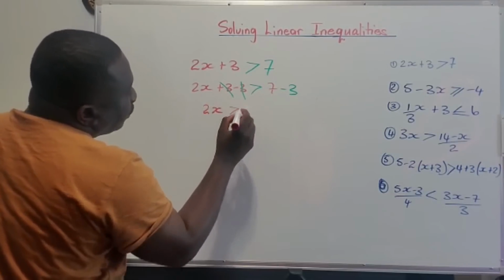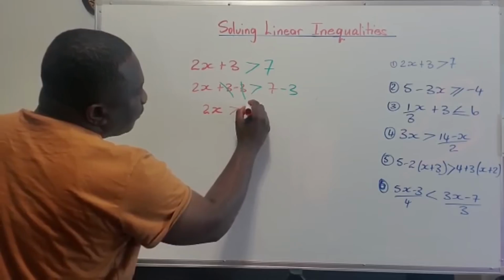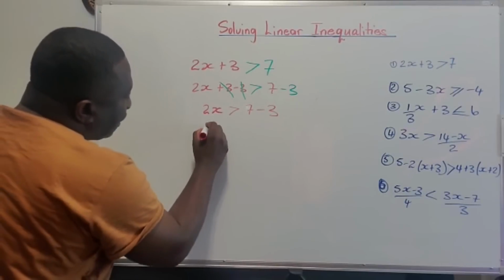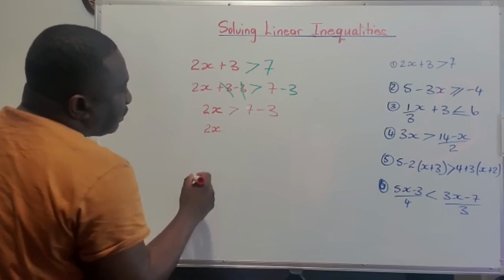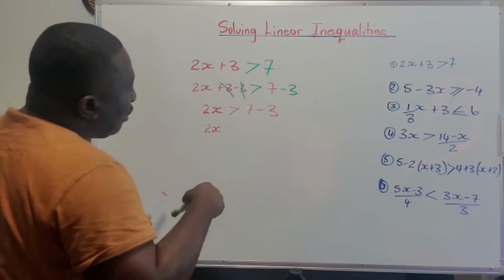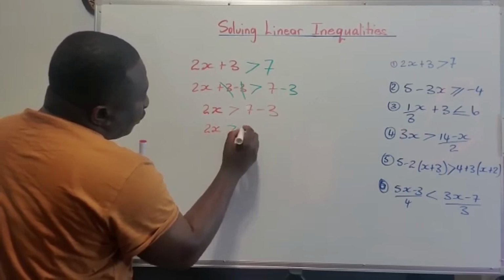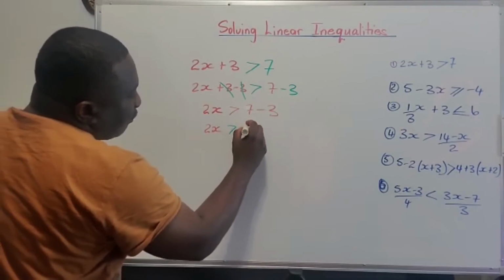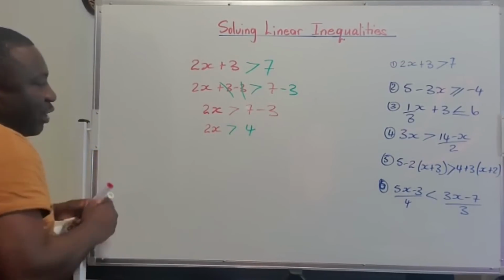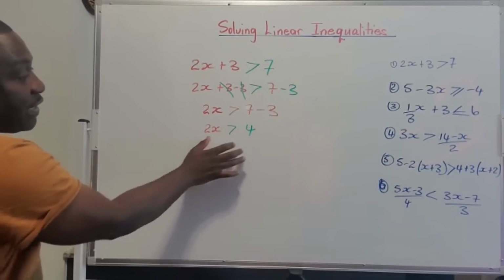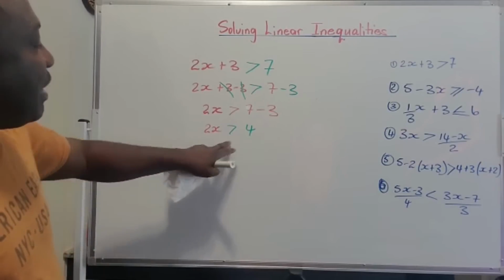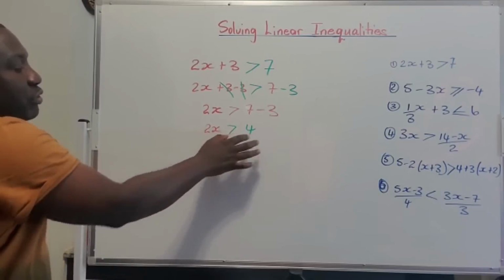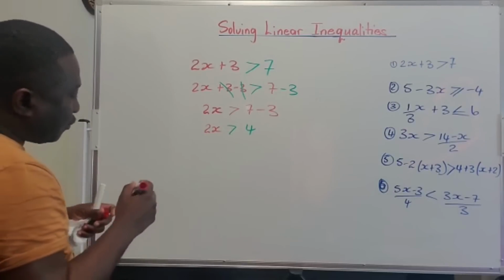Hence we are left with 2x greater than 7 take 3, which will give us 4. Now, guys, what we will do in this case is divide both sides by a positive 2.